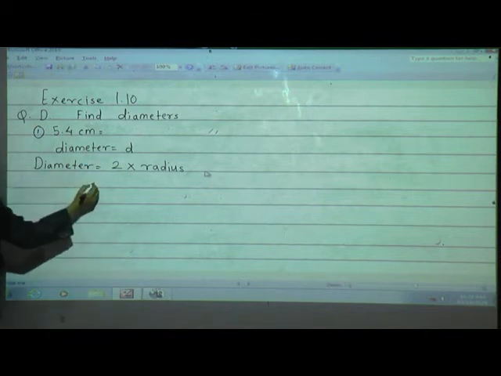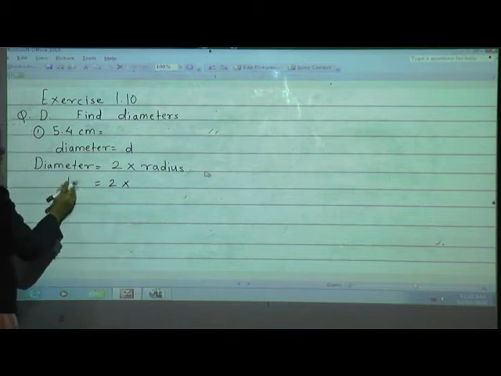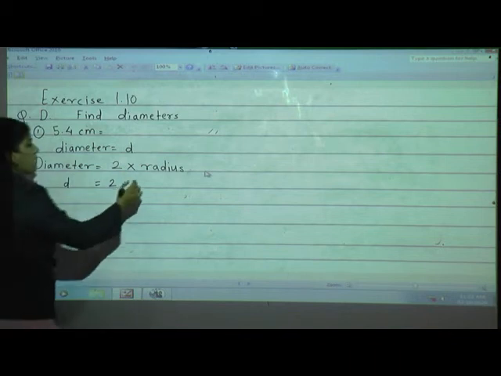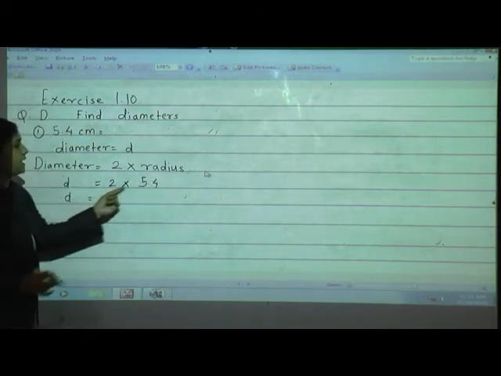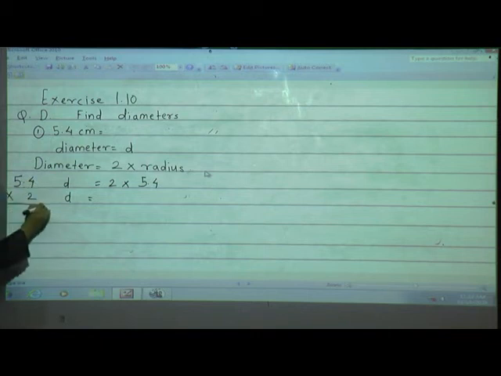Just put the numbers. 2 into radius, which is 5.4. So just multiply these two numbers. Multiply 5.4 by 2. 4 into 2, 8. 5 into 2, 10.